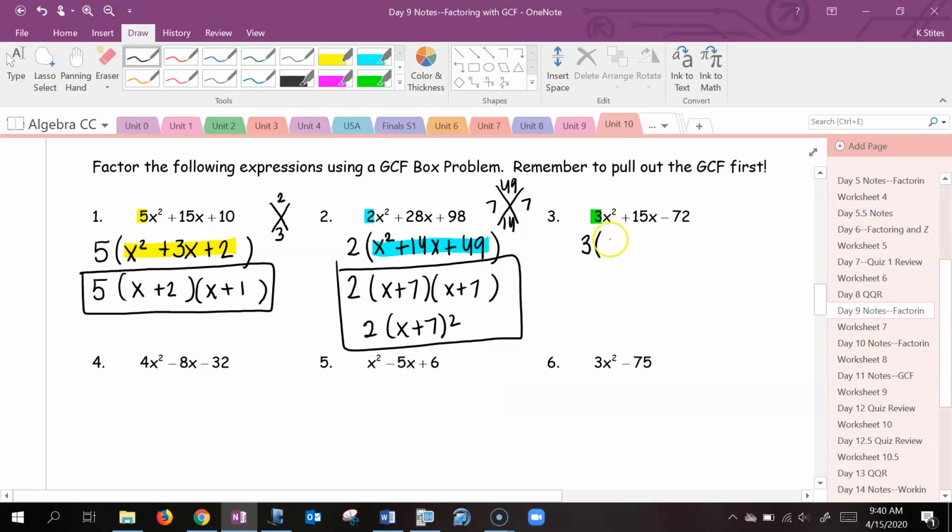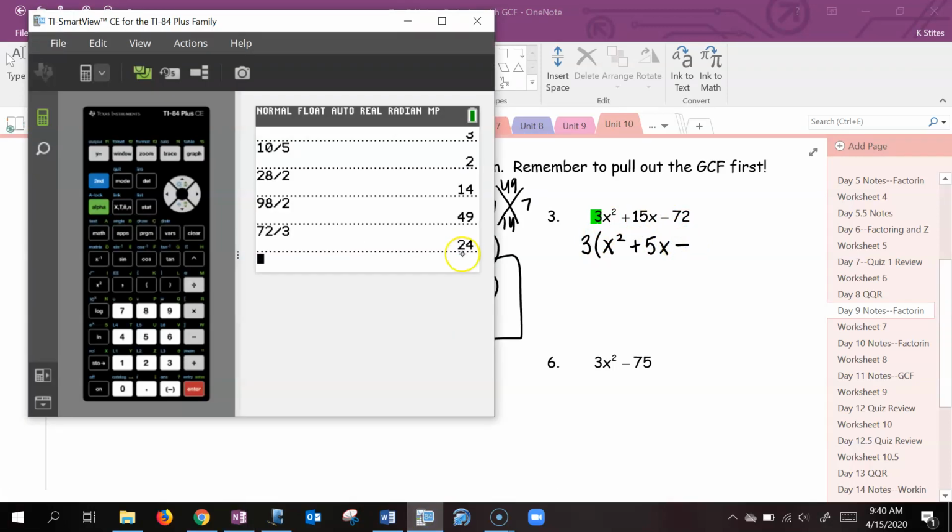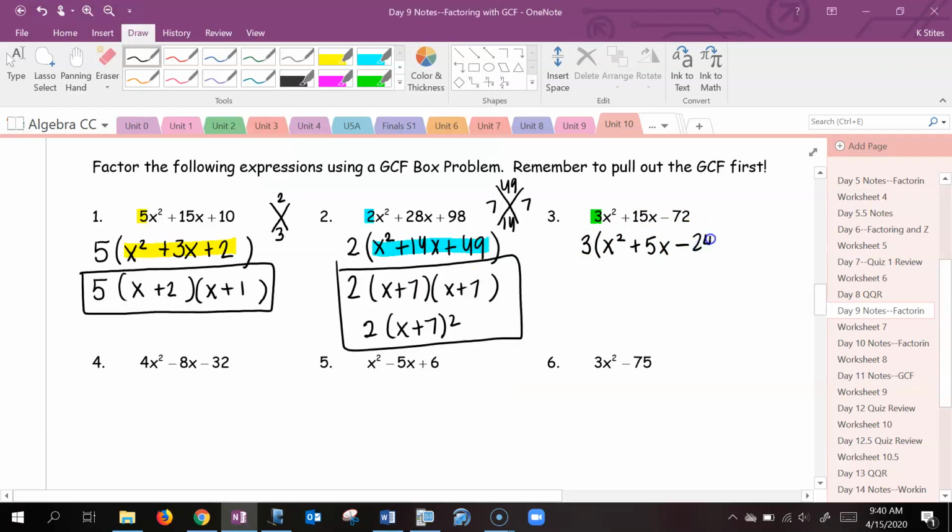3 times what is 3x squared? X squared. 3 times what is 15x? It's a 5. 3 times what is 72? Well, I just did that. It was 24. Bring down your 3. Set it up. Okay, again, this is always going to be a 2-step problem when you have a number in front there.